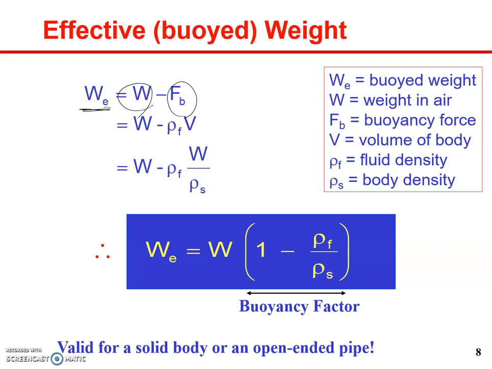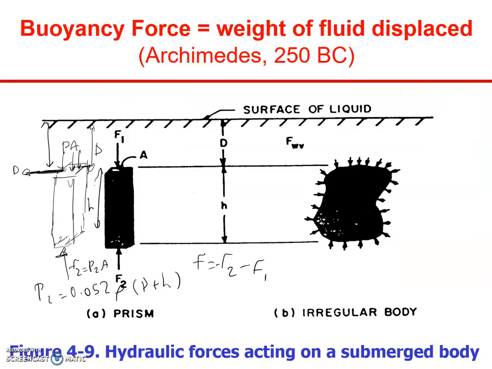And buoyancy is defined as the weight of the displaced fluid. So if you did the calculation here, the difference between these two forces would be the weight of the displaced fluid. How do you calculate the weight of displaced fluid? You need the volume of displaced fluid, which is equal to the volume of the object, right?